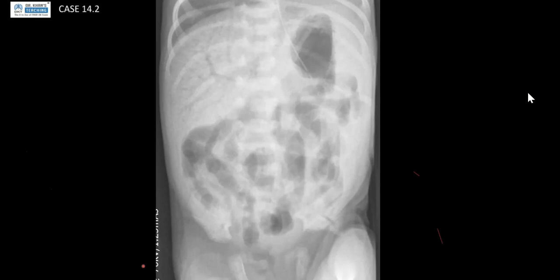So this is portal venous gas. I don't see any pneumoperitoneum in this study. So this is a case of necrotizing enterocolitis complicated by pneumatosis intestinalis and portal venous gas. Perfect. This is a surgical emergency.